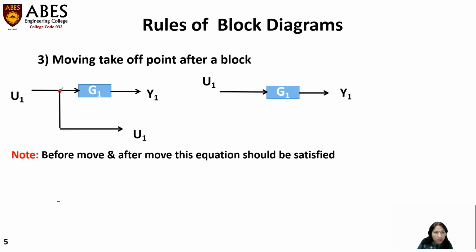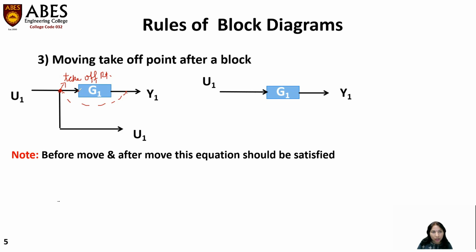So this point is called the takeoff point. Now, if I want to move this takeoff point after a block, presently this point is ahead of the block. I want to take this point after the block, means I want to bring this point over here. Basically, I want to move this signal over here, right?